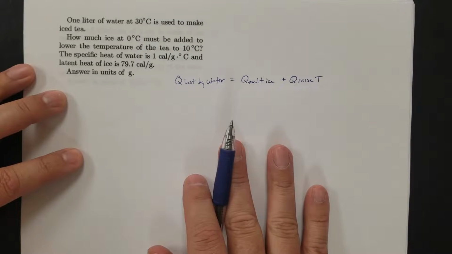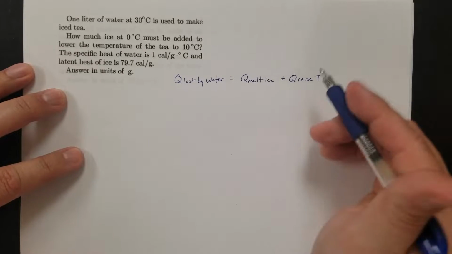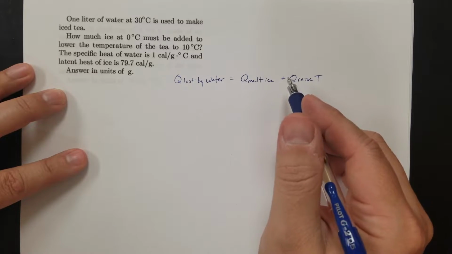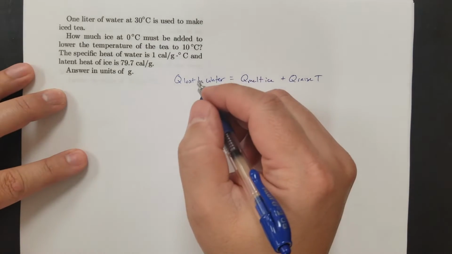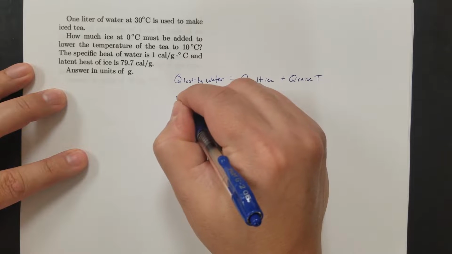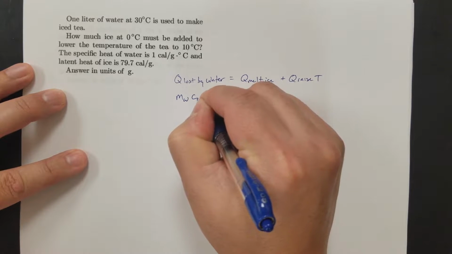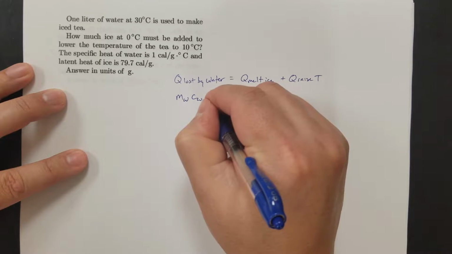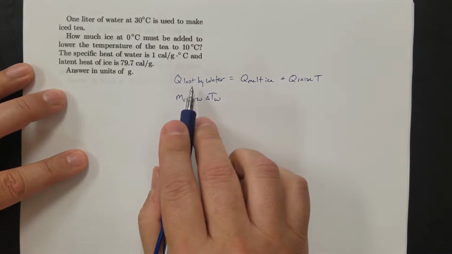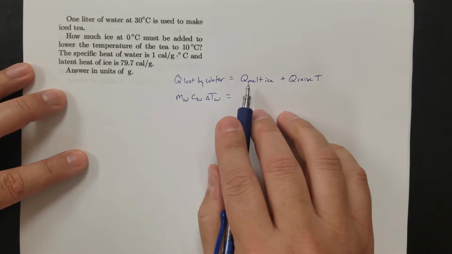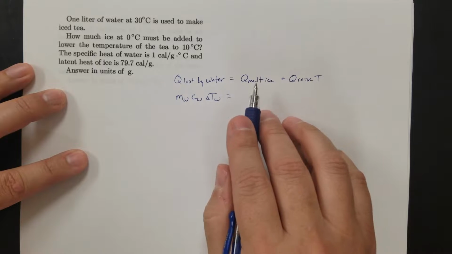Okay, now that we got that out of the way, we can write an equation. So let's look at what this looks like. The heat lost by the water is going to be m c delta T for the water. m c delta T equals the heat to melt the ice, which is latent heat.